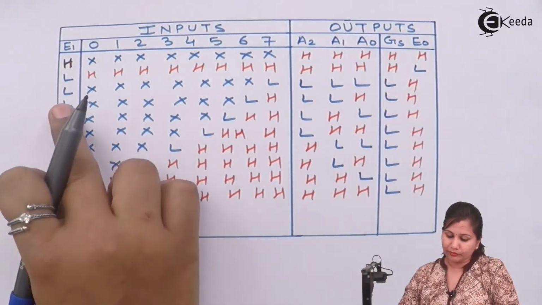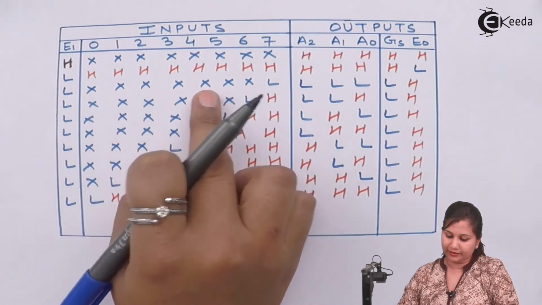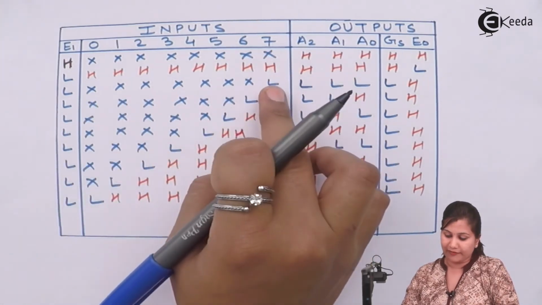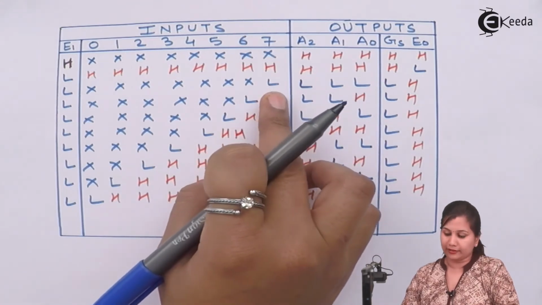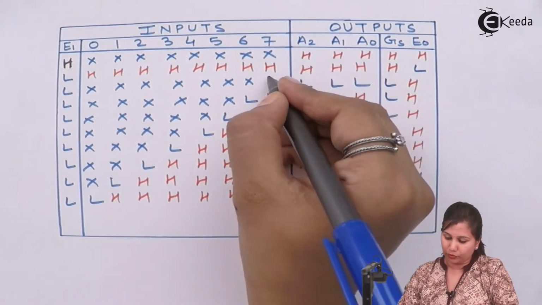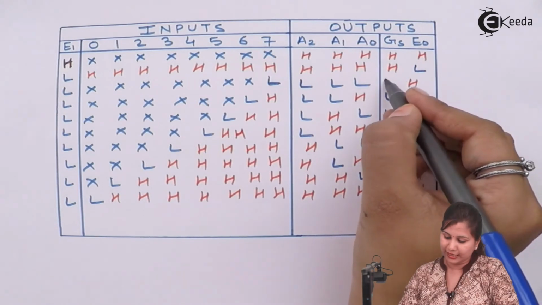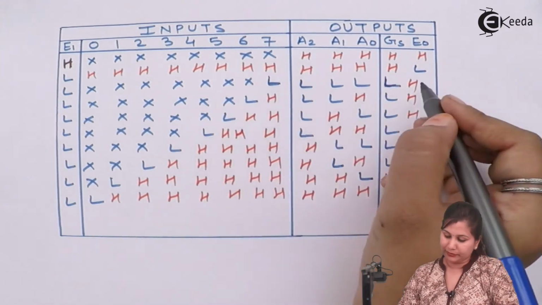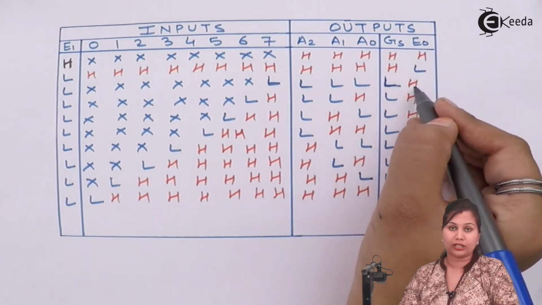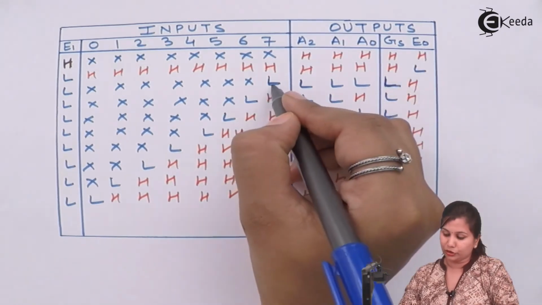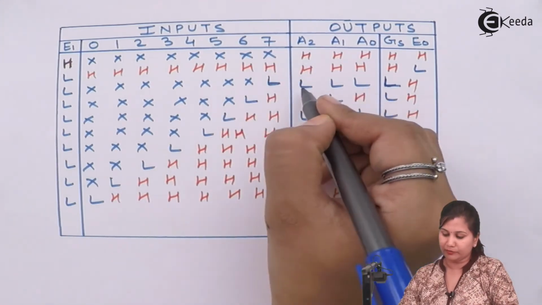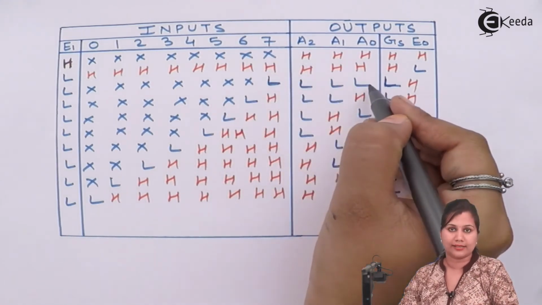Now, if the 7th line is low, that is active low, with the other inputs having no effect, and GS is low and E0 is high, then the code for the 7th input line will be generated, and it will be 0, 0 and 0.